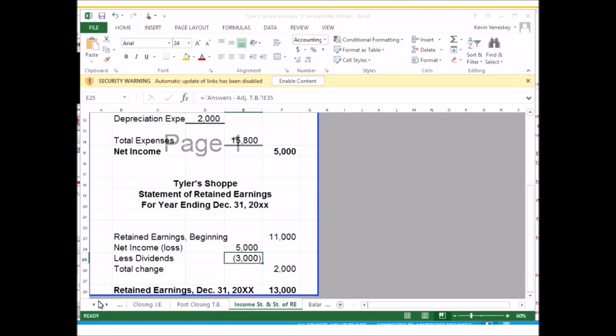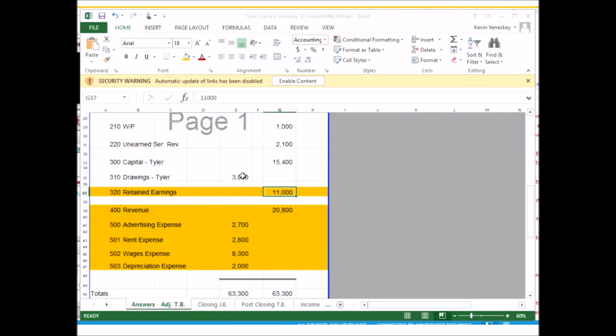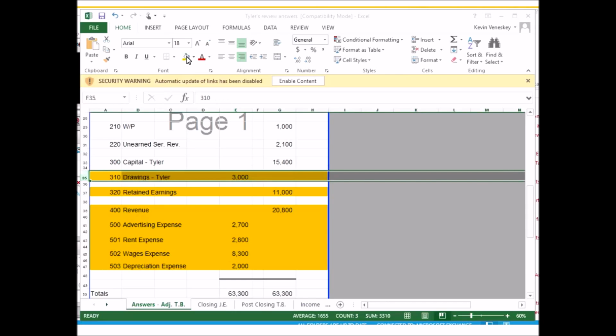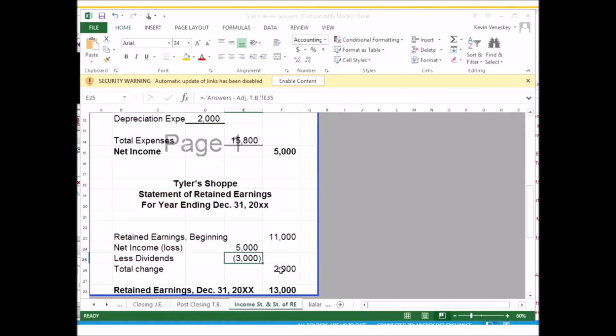and then you subtract out your dividends, and you'll see that the dividends here were $3,000, so I can get rid of that one. I've used it. Subtract out your dividends or your drawings. Then I just combined those two amounts.